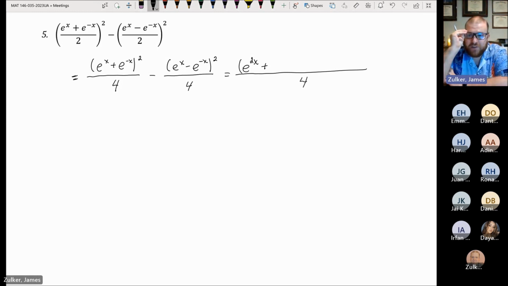x to the minus 1 is 1 over x. A negative exponent just takes the reciprocal of the base.